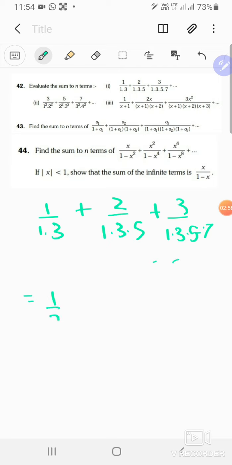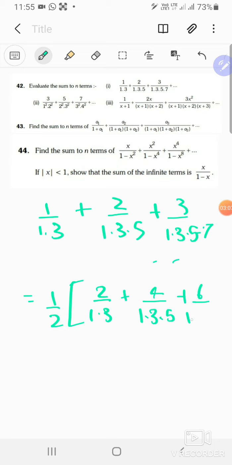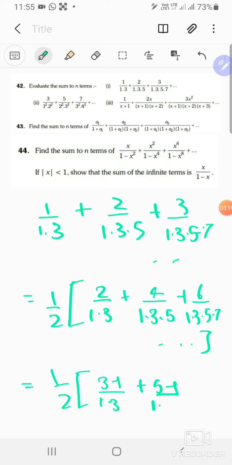That thing can be written as half of 2 upon 1 into 3 plus 4 upon 1 into 3 into 5 plus 6 upon 1 into 3 into 5 into 7, and it keeps going like that. But that thing can be written as half of, well, what's 2? It's just 3 minus 1 upon 1 into 3. Then 4 is just 5 minus 1 upon 1 into 3 into 5.